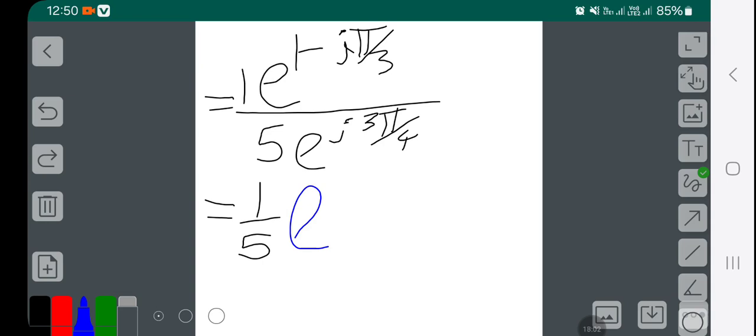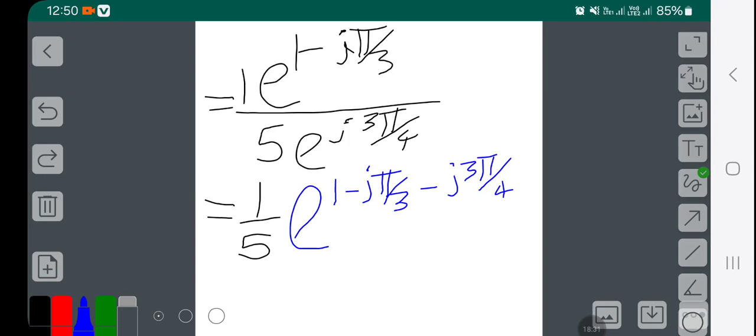So I'm going to say 1 minus jπ/3, and since we are subtracting, minus jπ/4. So here I'm dividing z1 and z2.